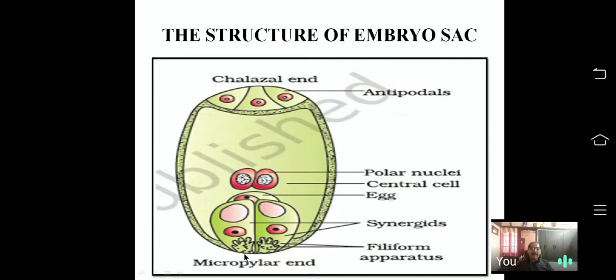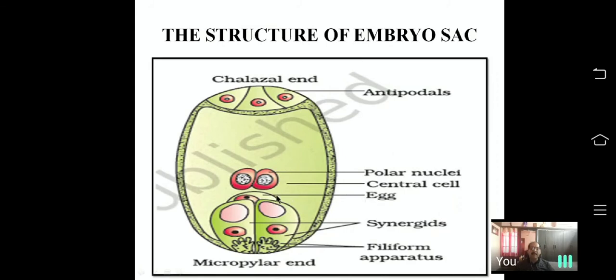And this is the micropylar end. Micropylar end also contains 3 cells. 1, 2, 3. Here the middle cell is called the egg. It will be haploid.